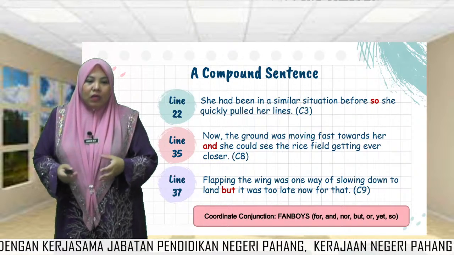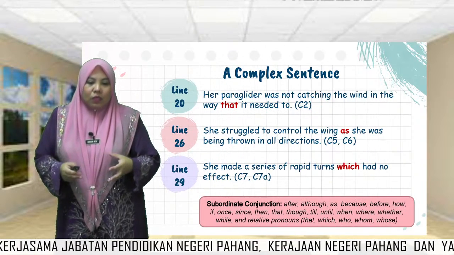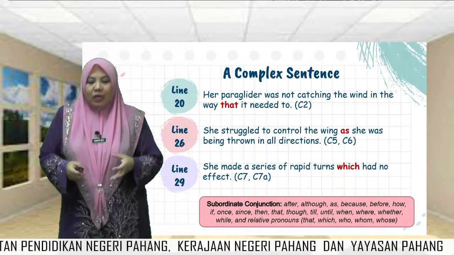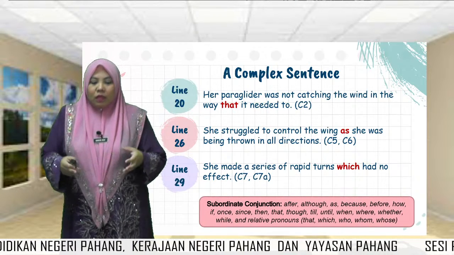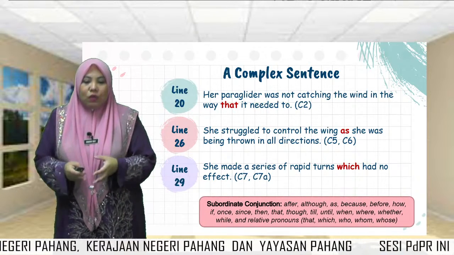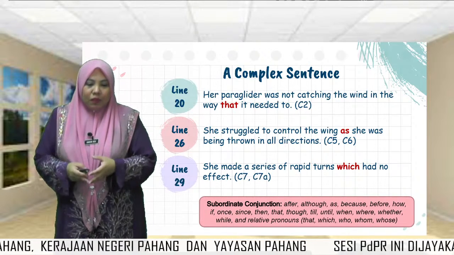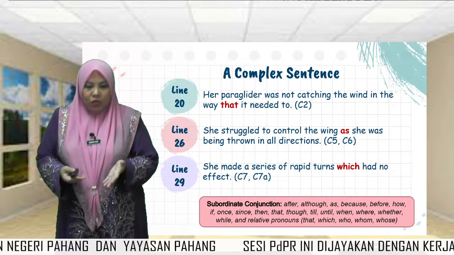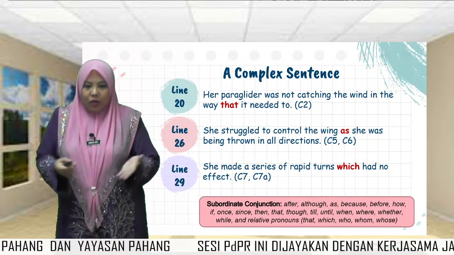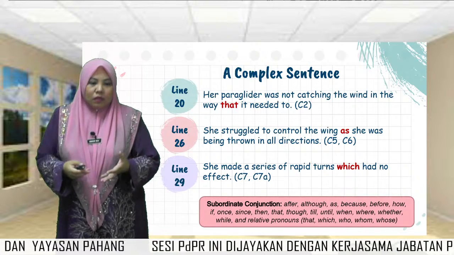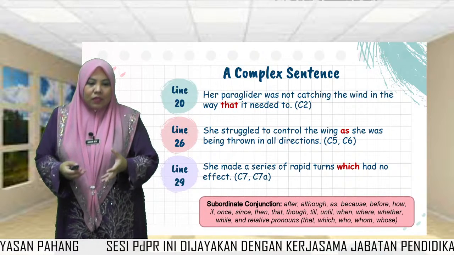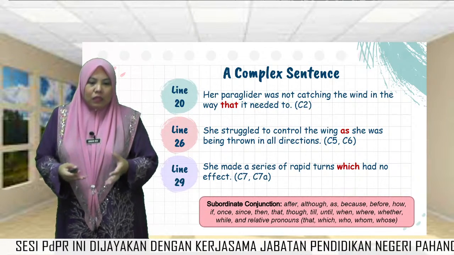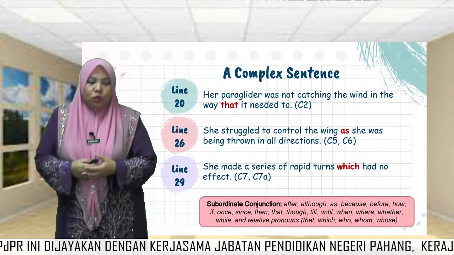Next, we have a complex sentence. It's when there is one independent clause and one or more dependent clauses. This is joined by a subordinating conjunction. For example, you have after, although, because, before, how, if, once, since, and you also have relative pronouns: that, which, who, whom, and whose.